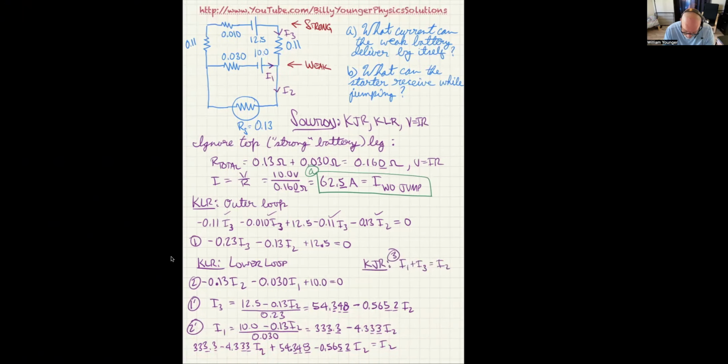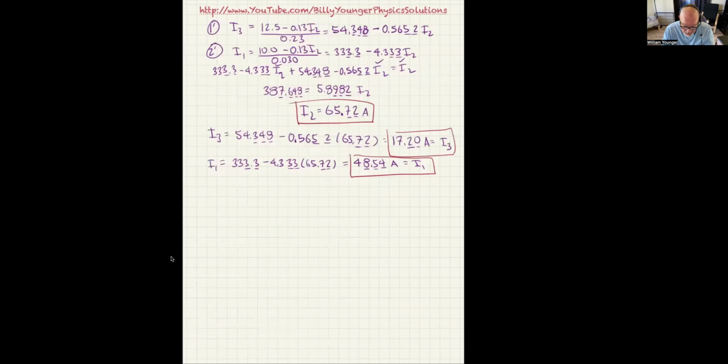And when we do that addition, right here, we can see we get 5.8982 I2. And then the other terms, the 333 and the 54.348, stay on the other side, and we get 387.648.